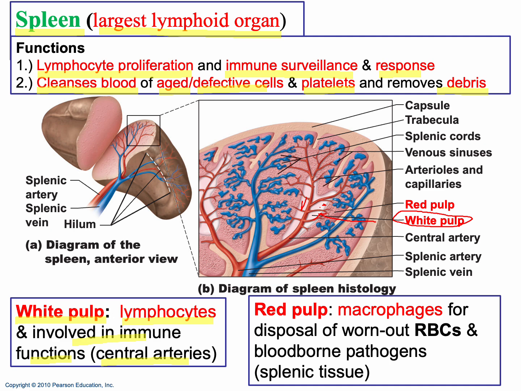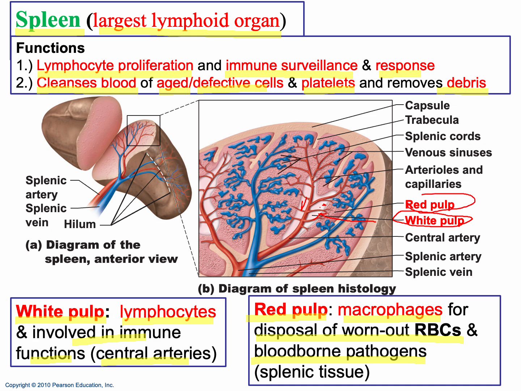And then we have what's known as the red pulp. The red pulp contains macrophages. Again, they're derived from the white blood cell monocytes. So macrophages are important for disposal of worn out red blood cells and blood-borne pathogens, typically found within the splenic tissue.